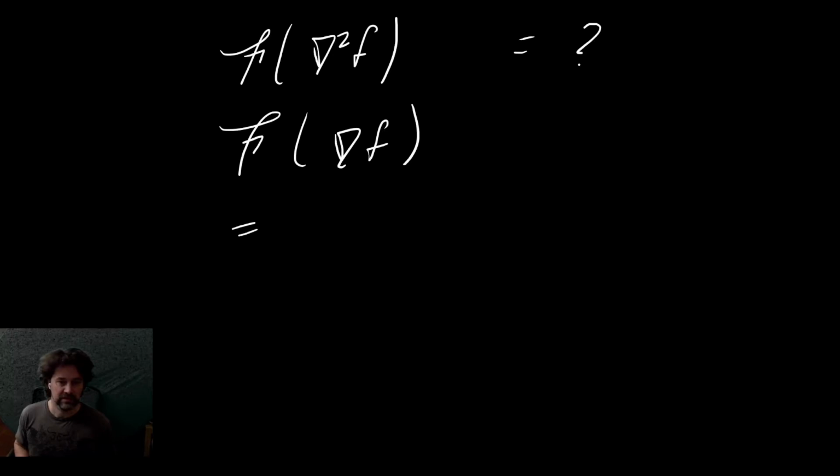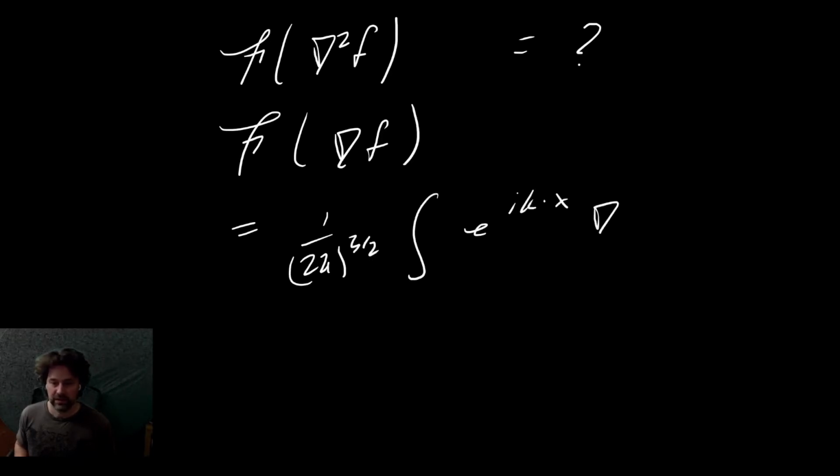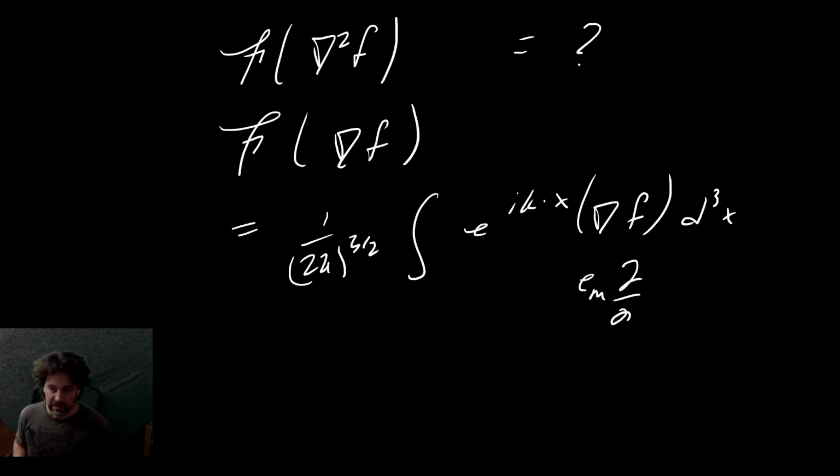So that is 1 over 2 pi to the 3/2 of e to the i k dot x grad f d3x. And grad f is the sum over all m of e hat m d dx m f. So that's our grad f.